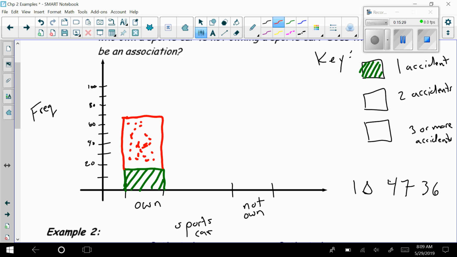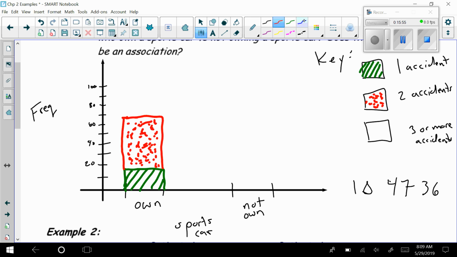Okay, so this red section with the polka dots in here is 47 percentage points big. So I put polka dots over here on my key. That's for 2 accidents. Now the rest of it, 36, this should work out, right? If I take that 65 that I had before and add 36, it's 101.